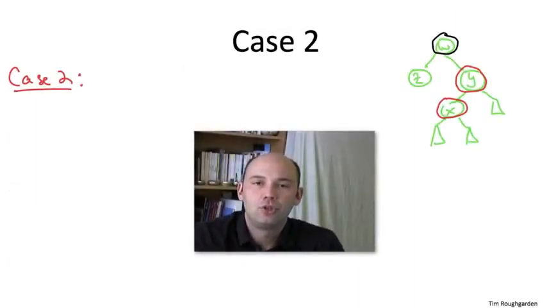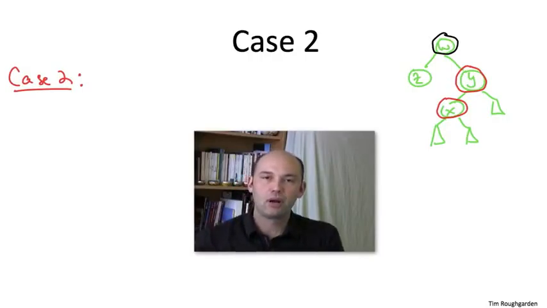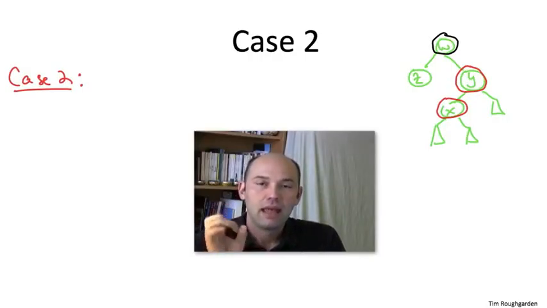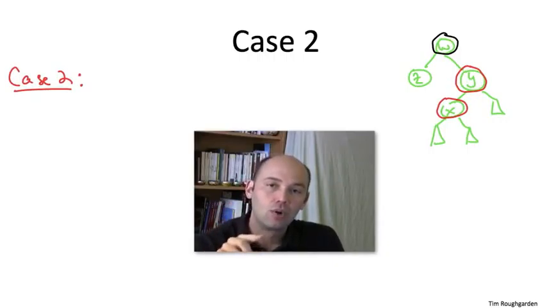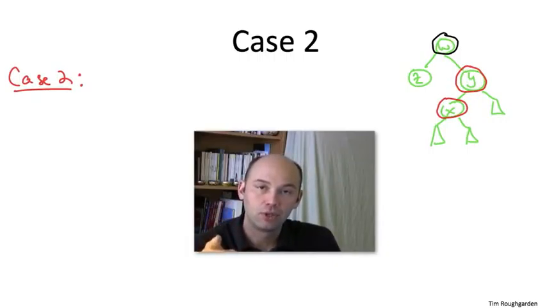Let's move on to case 2. So case 2 gets triggered when we have a double red and the deeper node of this double red pair, call it X, its uncle, that is if it has grandparent W, parent Y, and W's other child other than Y, either doesn't exist, or if it exists, it's colored black. That is case 2.